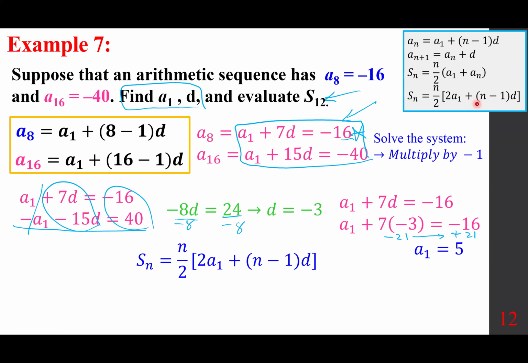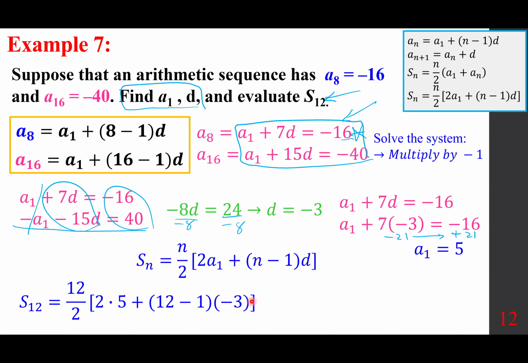So let's plug in whatever we have. n is 12, 2 times A1 is 5, n is 12, minus 1, D is negative 3.